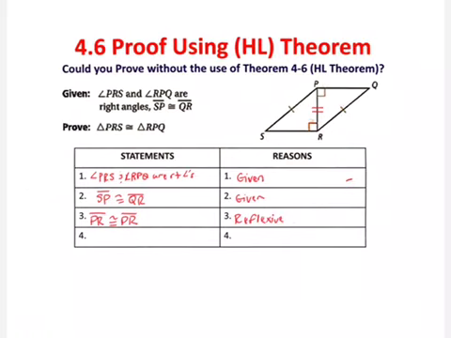And now I have a pair of hypotenuses, a pair of right angles giving me right triangles, and a pair of legs. So this means that triangle PRS is congruent to triangle RPQ by the hypotenuse leg theorem.